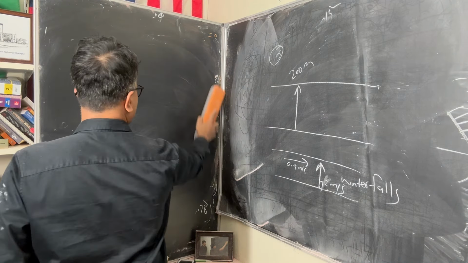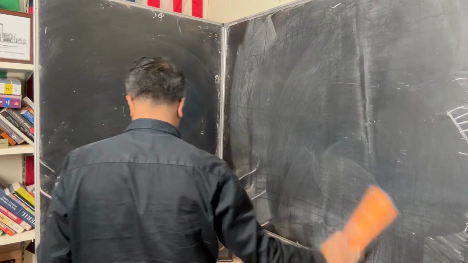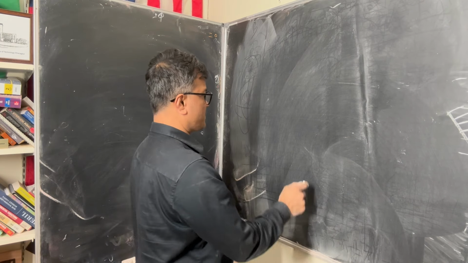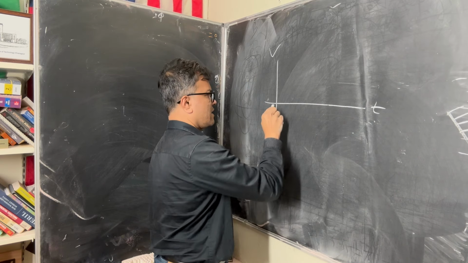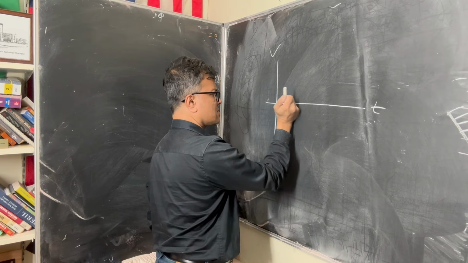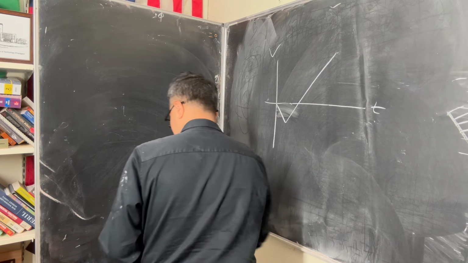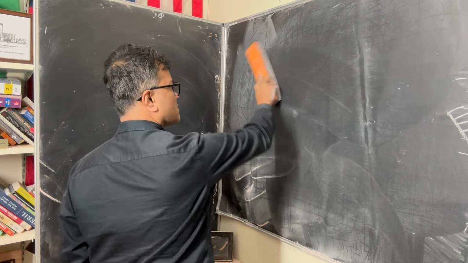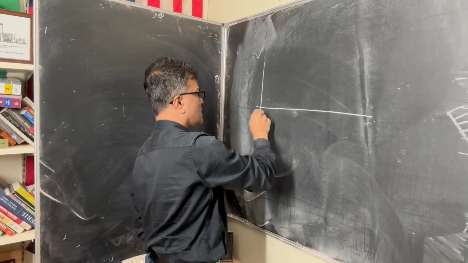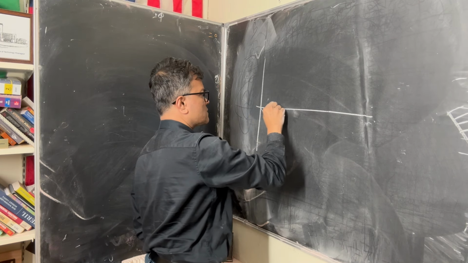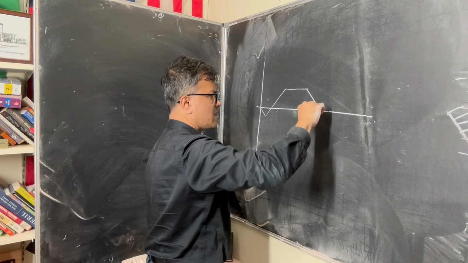Okay, now the last problem is a problem you've seen before. From exam number 3, I have a VT graph. I have something like this.